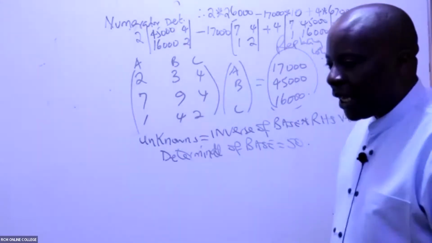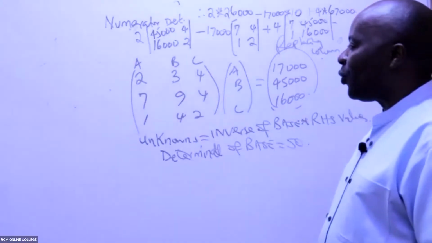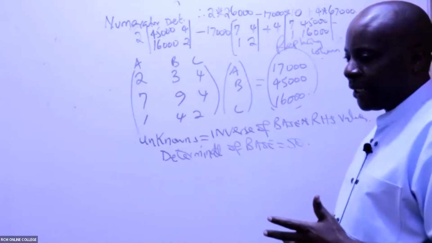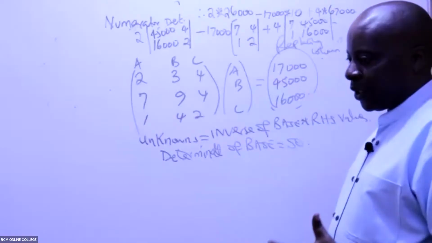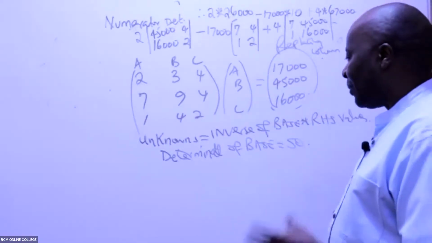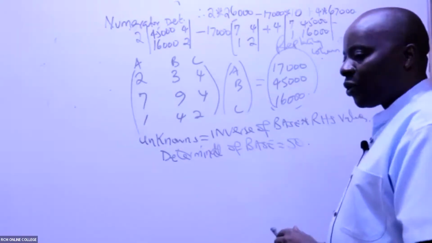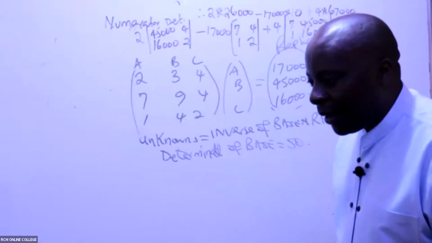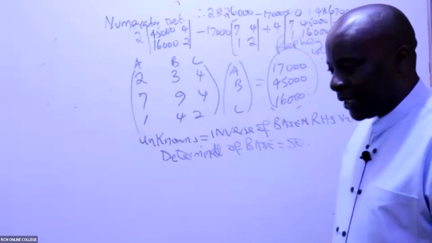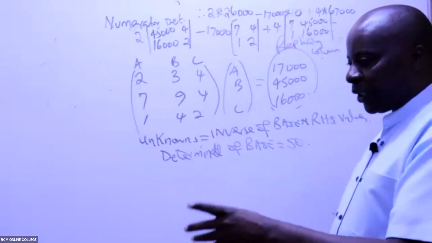Now from there, we go ahead and find what we call the minors, isn't it? We find the minor matrices. The determinant of the base, that is okay. So come and give us the minor. Then we inverse. We can as well follow that method.